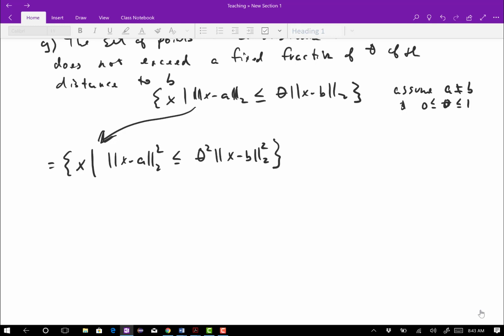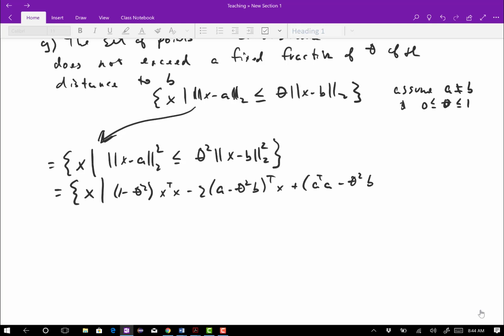And now we can further expand this. So this is equal to x's where (1 minus theta squared) x transpose x minus 2 times (a minus theta squared b) transpose x plus a transpose a minus theta squared b transpose b is less than or equal to 0.